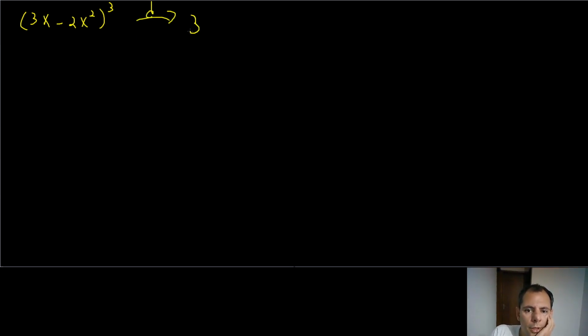So it's going to be 3 times 3x minus 2x squared to the power 2, okay, times the derivative of the inner function, which is 3 minus 4x. And that's it.